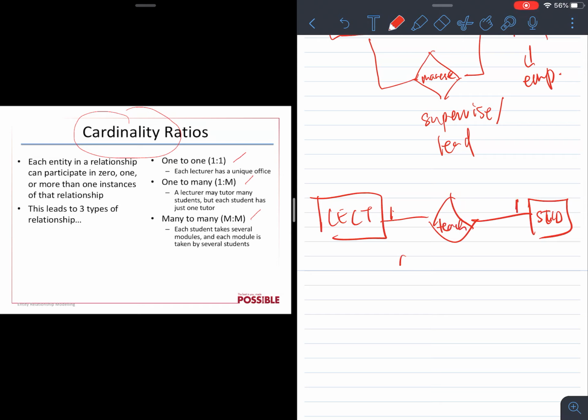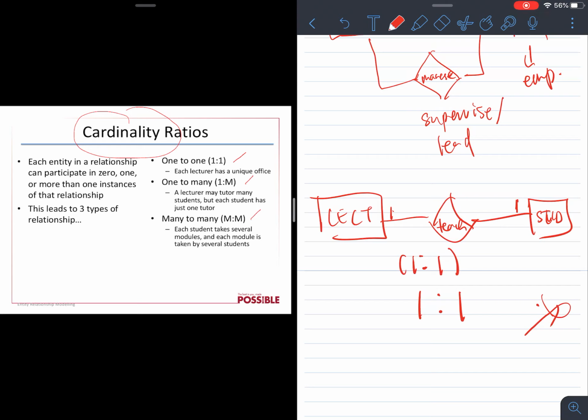So in this case, it is a one-to-one relationship. Remember the format is 1.1. It has to be dot. It cannot be comma. If you put comma or anything else, you will get it wrong.